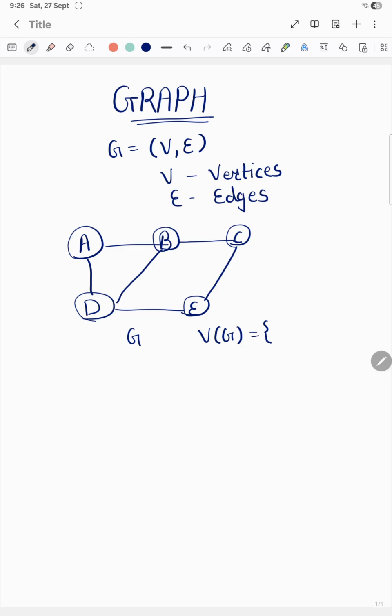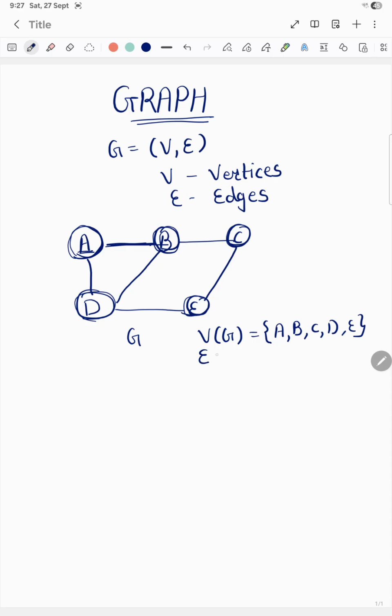What are the vertices I'm having? That's A, B, C, D and E. These nodes are my vertices A, B, C, D and E, and these are the edges joining the vertices.